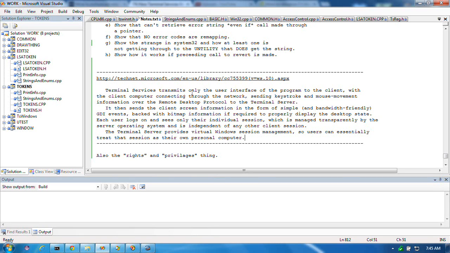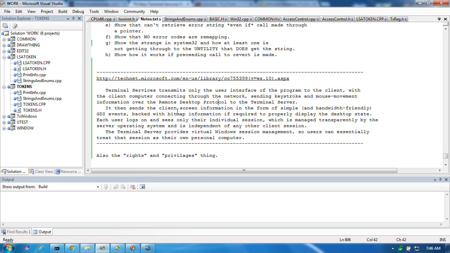Now, terminal services transmits the user interface of a program that is being run remotely by the client, with the client computer connecting through the network, sending keystroke and mouse movement information over the remote desktop protocol, RDP, okay, to the terminal server. So that's what's happening right now.